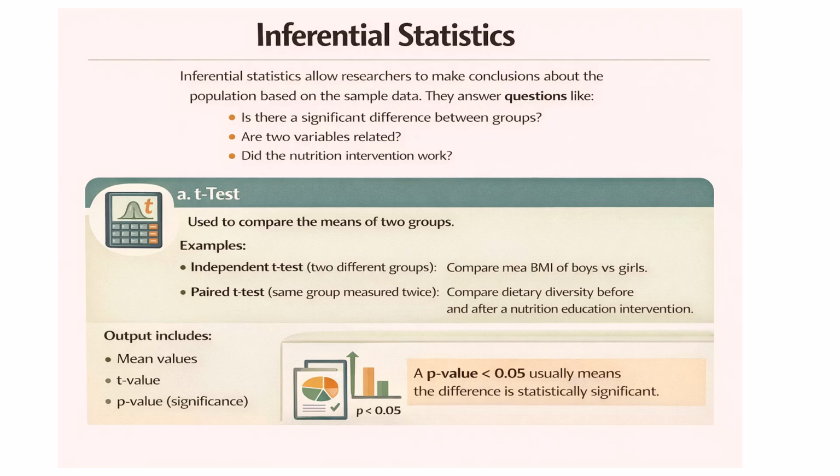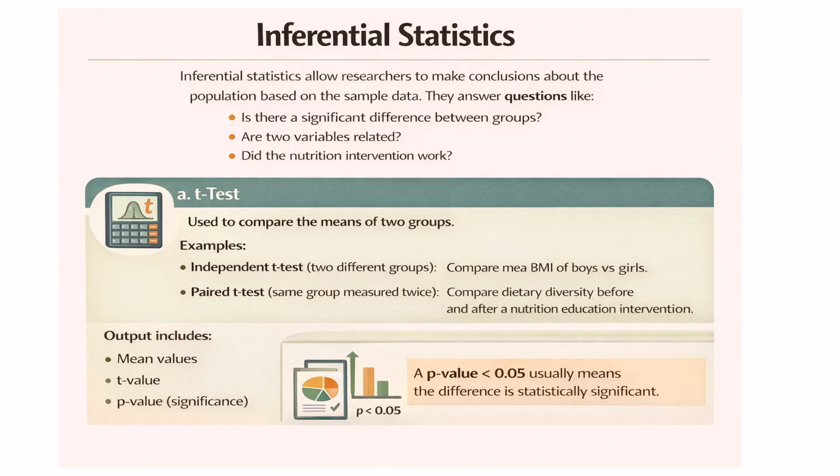The first on the list is the t-test. T-test is used to compare the means of two groups. When you want to compare the mean, that is the average, of two groups, then the t-test is the best to use. There are different types.